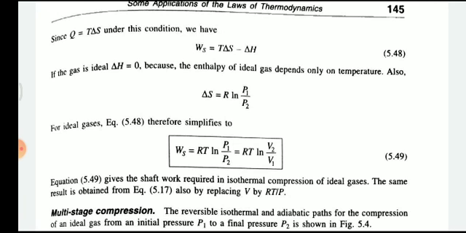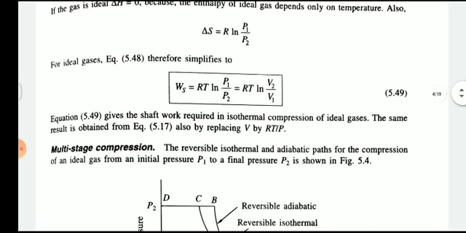H is equal to U plus PV, but the enthalpy change of the gas depends only on the temperature, so delta H is equal to 0. So delta S is equal to R ln P1 upon P2, just put into equation 5.18. Therefore Ws is RT ln P1 by P2, which is equal to RT ln V2 by V1, since P1 V1 is equal to P2 V2.